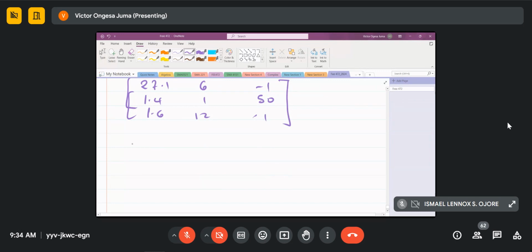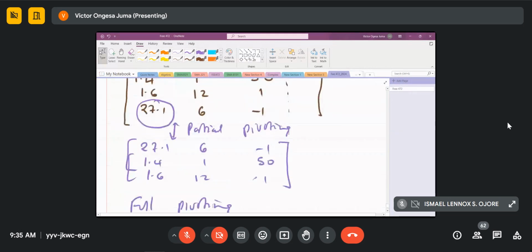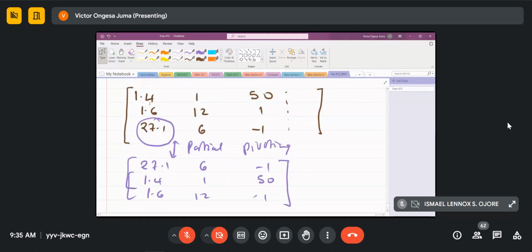And now, full pivoting, what does it do? Full pivoting tells you that you scan through the whole matrix and identify the element with the largest magnitude. And so once you identify that, it becomes your pivot.